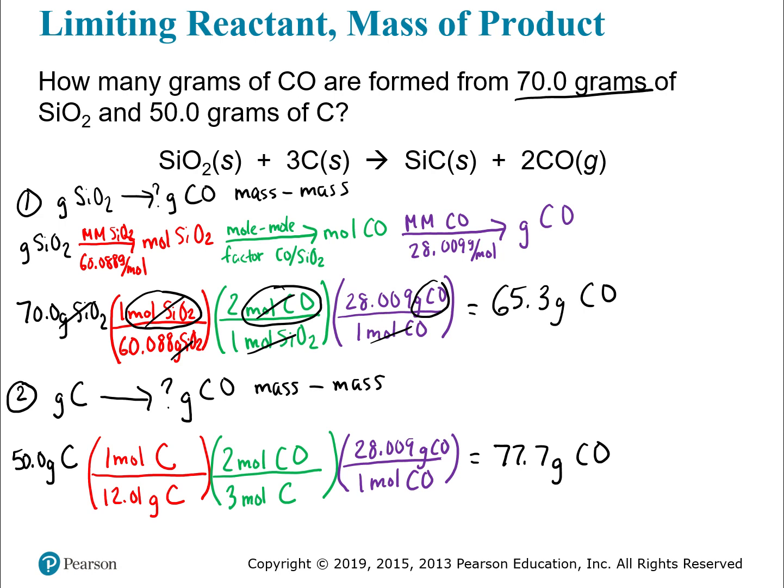You're not going to add them together. We're either going to make 65.3 grams or 77.7. You're going to choose the one with the least product formed. So think back to the sandwich example.